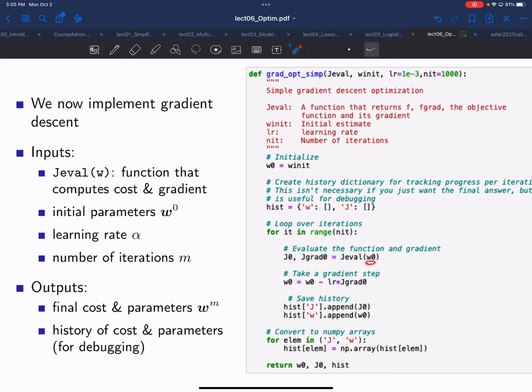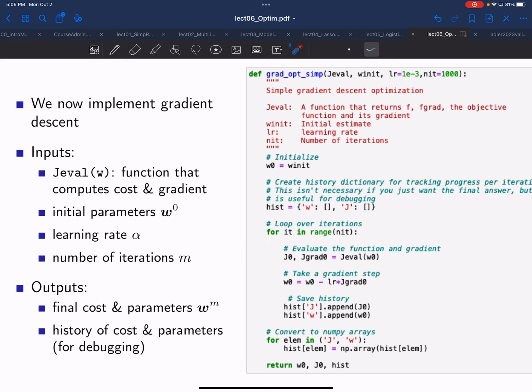Take the current W vector, we compute the cost and gradient, and then this is our gradient descent step. We're going to overwrite W0 by the previous one minus the learning rate, which is what we called alpha before, times the gradient we computed here. And so this is really all you do. You just iterate this over and over.